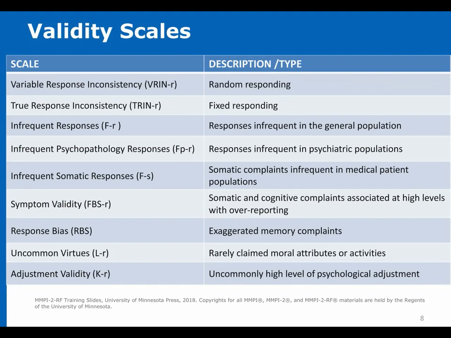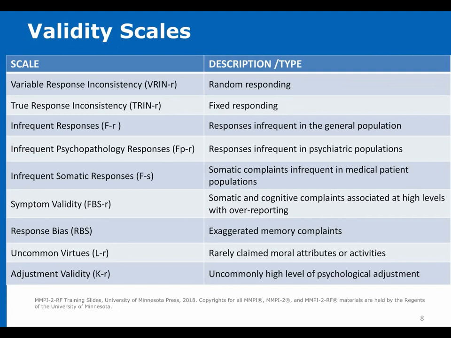The first two scales listed on this slide, VRIN and TRIN, are intended to assess this threat to protocol validity. Variable response inconsistency assesses random responding. The way VRIN works is that the scale is comprised of a series of item pairings, and these are item pairings with very similar content.